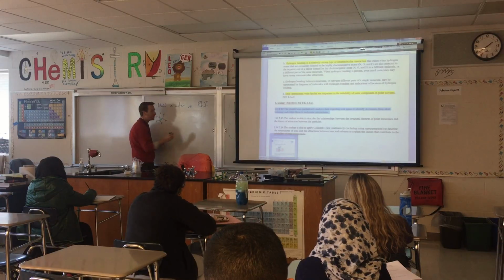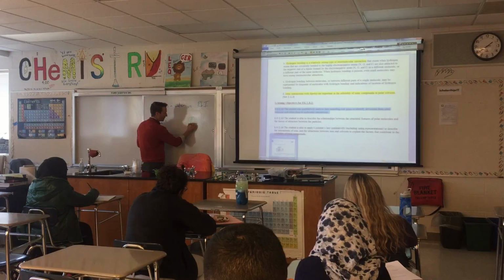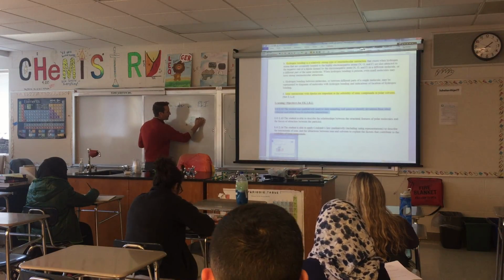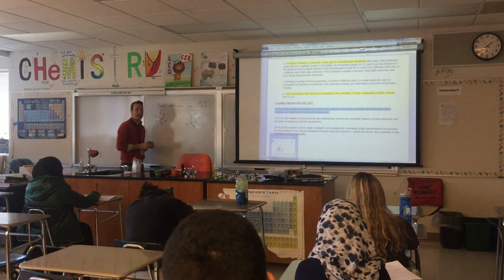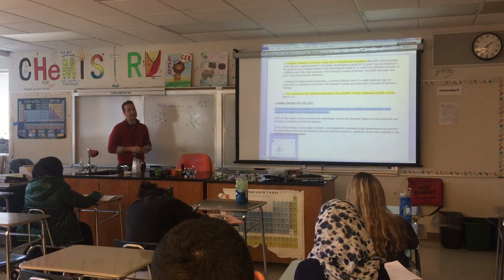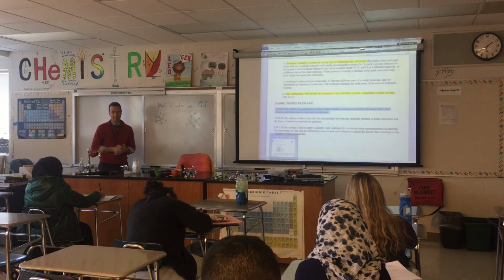But if we're talking about rubidium ions, which are much bigger, the water is not going to really be able to get as close to that positive charge coming from the nucleus, right? So there's a weaker interaction here. So I would expect rubidium iodide to be less soluble than sodium chloride.